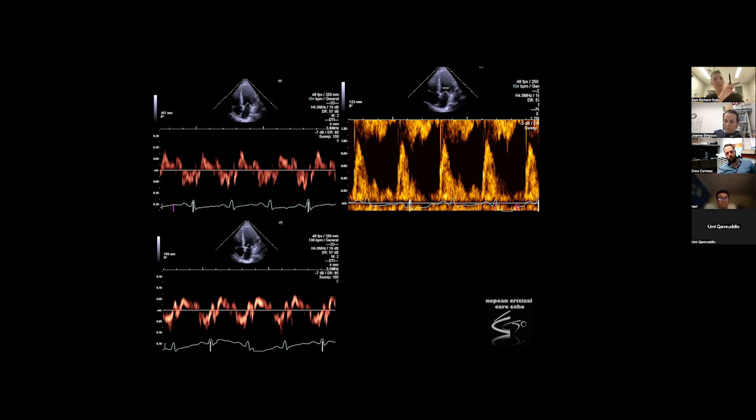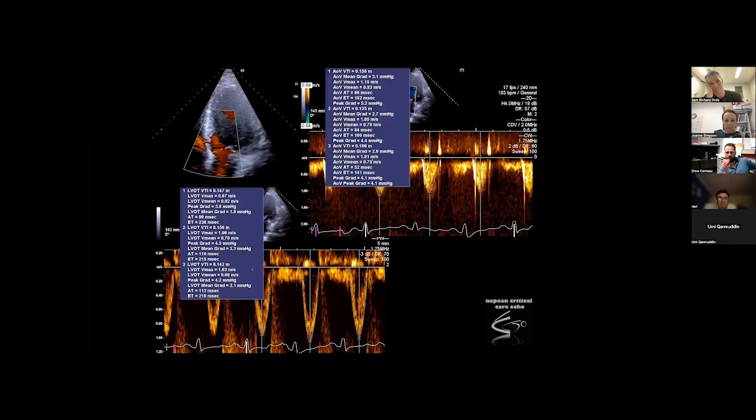Then on the top right, you've got your pulse wave Doppler on the mitral valve inflow, LV inflow view, so the tips of the mitral valve leaflets. And you've got an E wave, which is probably 1 meter per second, and an A wave, which would be 0.3 meters a second. So an E to A ratio of like 2.5, 3. Okay, go forward.